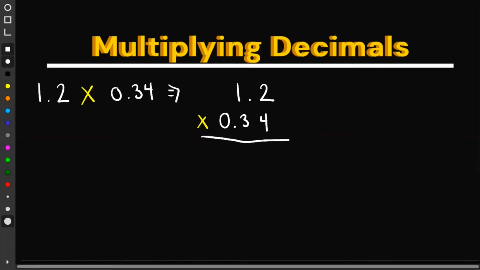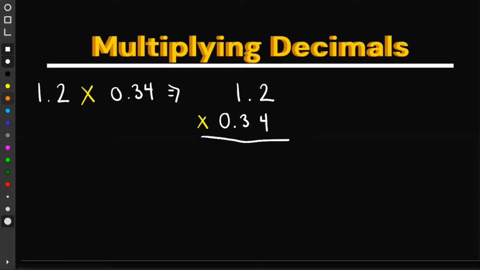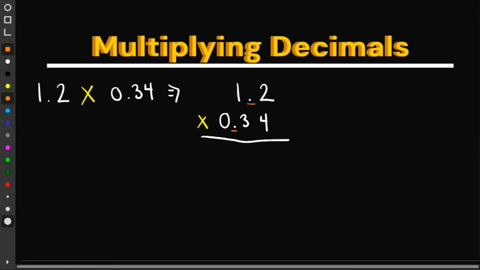So observe here that the decimal places need not be aligned. Clearly, the decimal place is over here and over here. So in multiplying decimals, they need not be aligned, unlike in addition and subtraction of decimals.